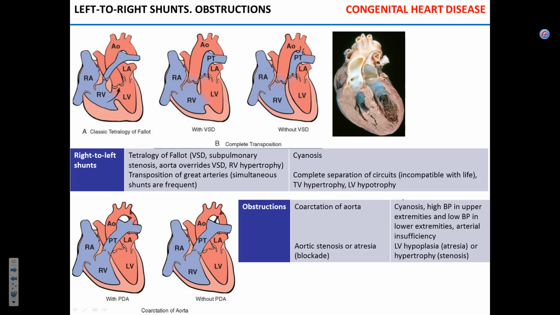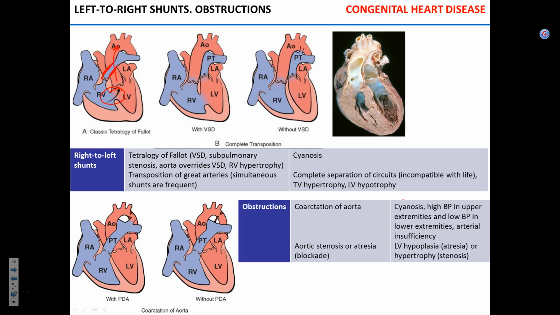Tetralogy of Fallot. Septal defect. Okay. Subpulmonary stenosis, meaning that the pulmonary trunk is narrower than normal, so the aorta overrides the defect.